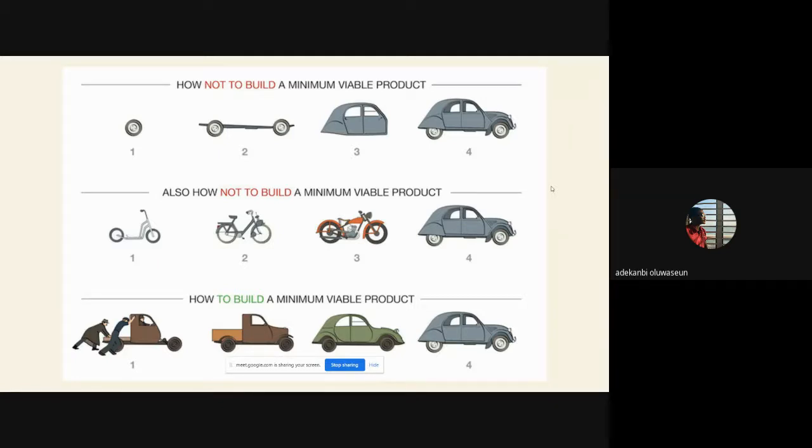Now, let me tell you this very importantly, and I'm telling you this based on experience. There's a thing called scope creep. You see it a lot also when you're researching.